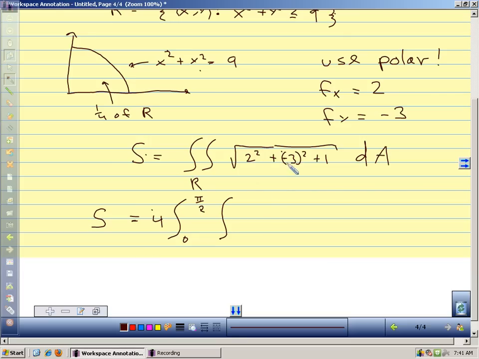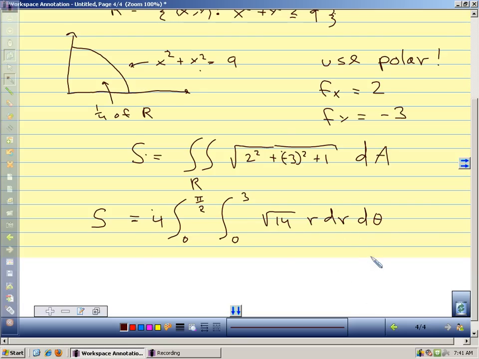Then that would show up in our f sub x and f sub y squared. That would take care of that. So our radius goes from 0 to 3, and we get the square root of 14 r dr d theta. And that's an easy one to evaluate.